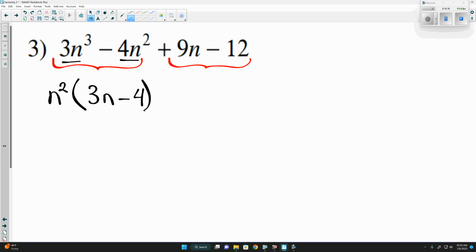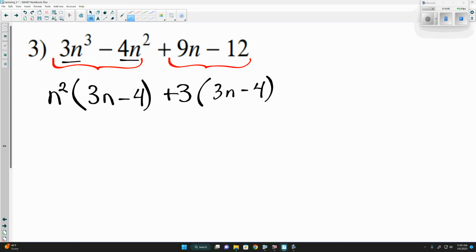Now, for us to be able to continue to our next step, the other set of parentheses over here has to be 3n minus 4. As if we're going to factor it out next, those two have to be the same, yes? So what do we need to factor out of 9n and 12 to get to 3n minus 4? 3.